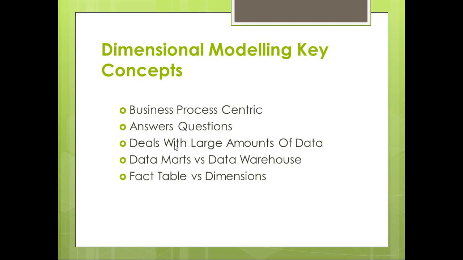Another term you will often hear is fact tables versus dimensions. Fact tables are the physical database implementation of a business process. So one fact table corresponds to a business process. What is a business process? A business process is basically anything that occurs in your business.